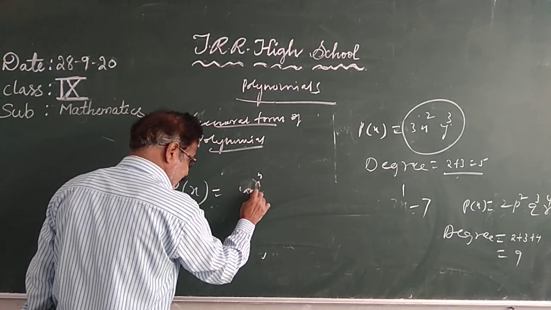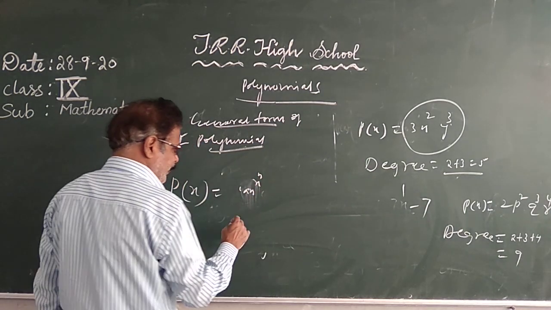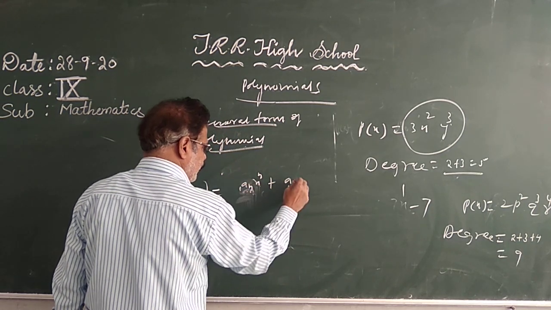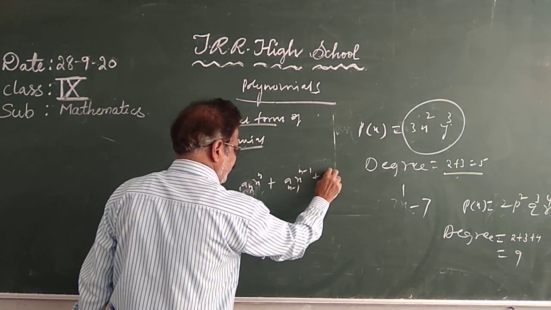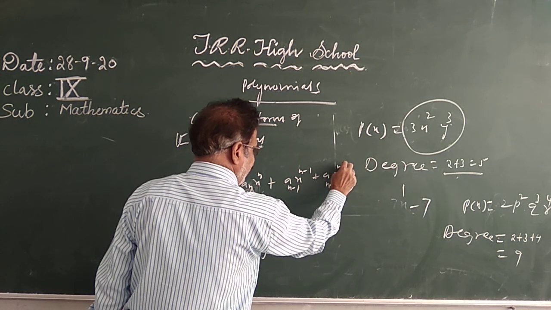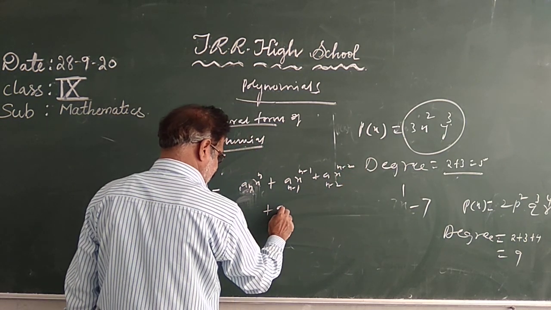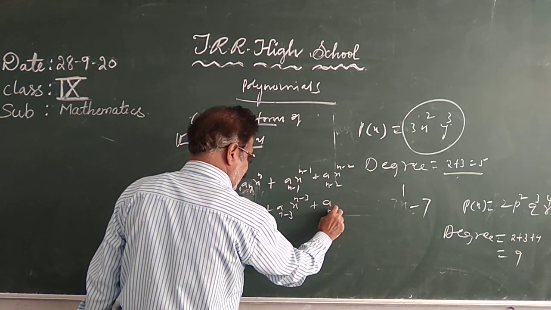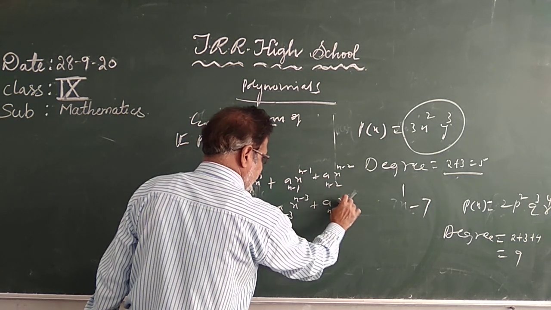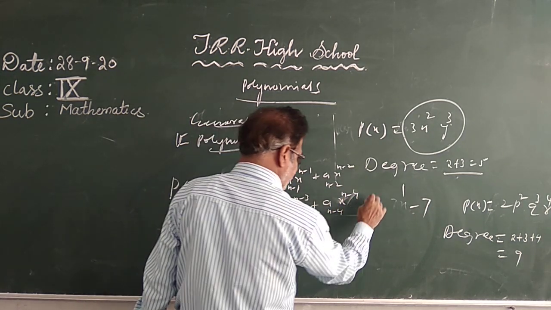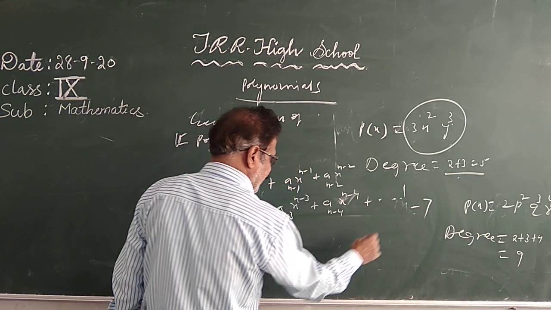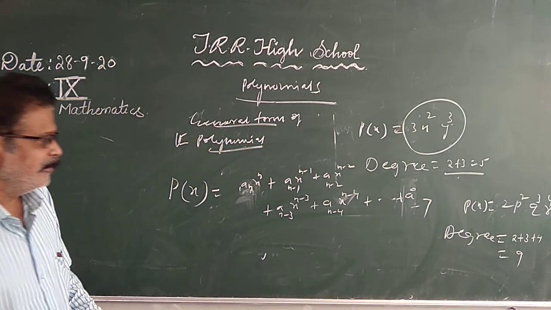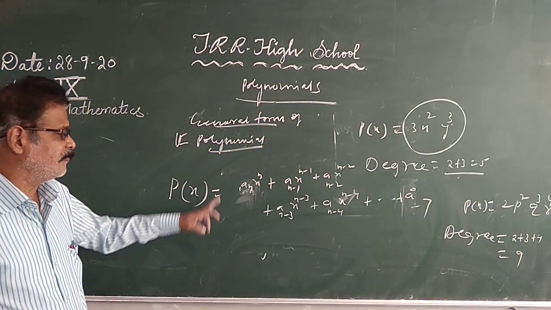This a_n is the coefficient. Plus a_(n-1) x power n minus 1 plus a_(n-2) x power n minus 2 plus a_(n-3) x power n minus 3 plus a_(n-4) x power n minus 4, and so on till a_0. This is the general form of the polynomial.